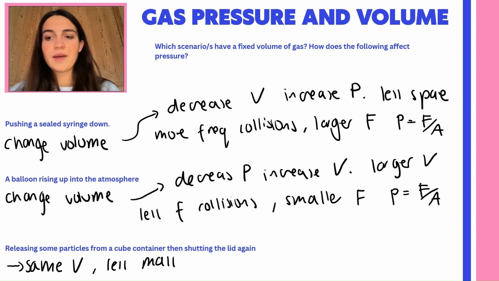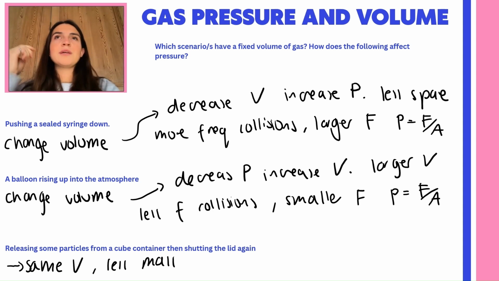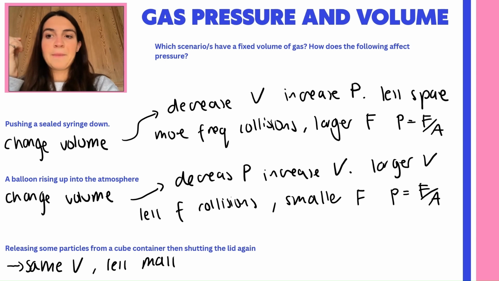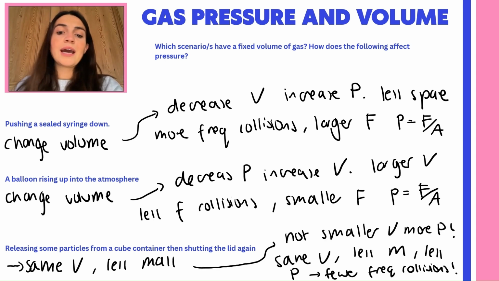So you might say to yourself, well, if you keep the volume the same, then you keep the pressure the same. But that's when we are assuming that the mass of the gas has also remained the same. So we need to now think logically about what is going on here. It's not that you have a smaller volume of gas.